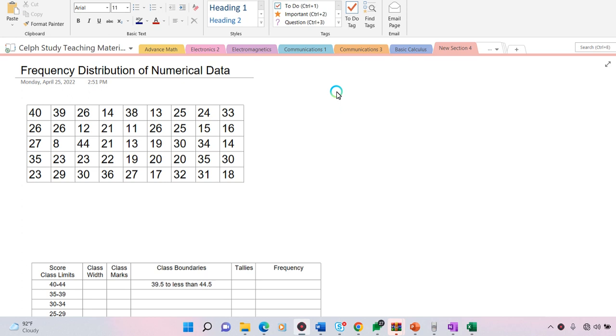We have the term classes, and you also have the term intervals. They are arranged from the largest value of observation to the smallest possible value, so they are arranged from the largest value going down to the smallest value.